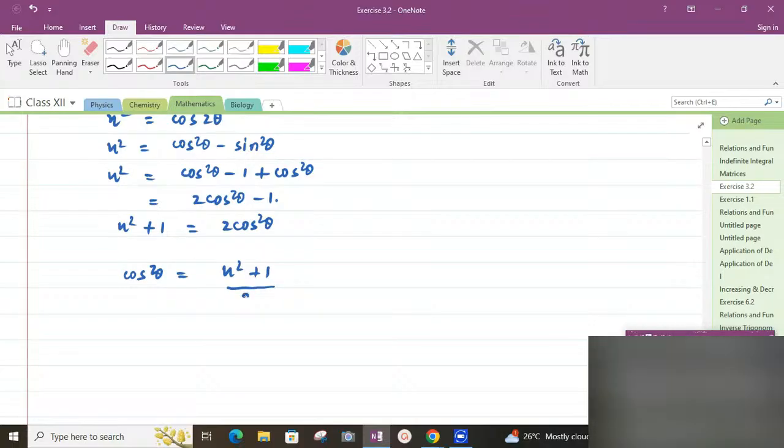So here cos theta equal to, we find out, x square plus 1 by 2 over root.